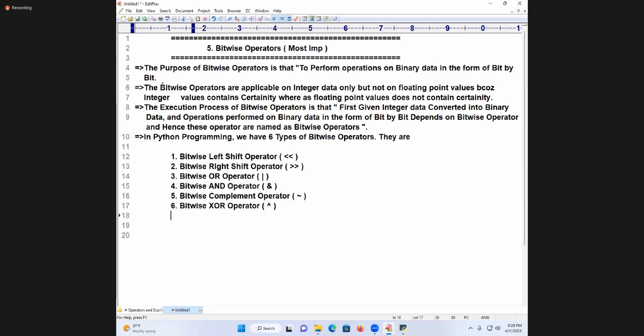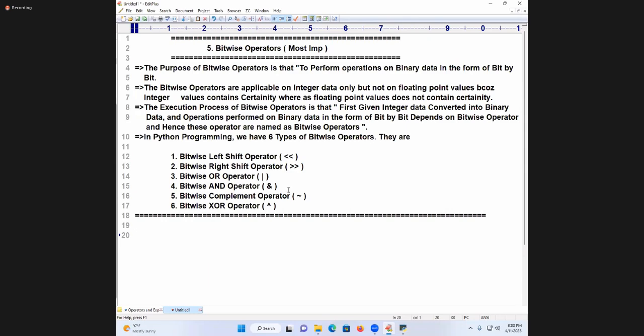In Python programming, we have 6 types of bitwise operators: bitwise left shift, bitwise right shift, bitwise OR, bitwise AND, bitwise complement, and bitwise XOR operator. Now I am going to discuss each of these operators in detail.